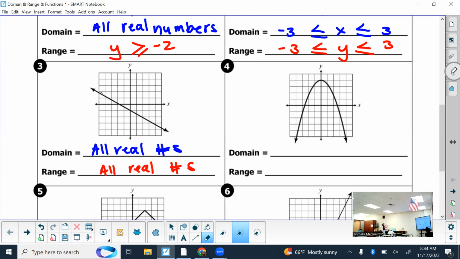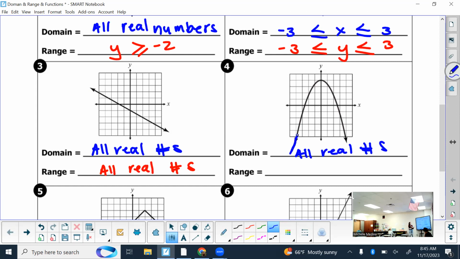Okay, so then number 4. Someone from the middle of the room, what'd you put for the domain on number 4? All real numbers, you guys agree with that? Okay, so let's see. I know this graph, as it's going down, it's getting wider.